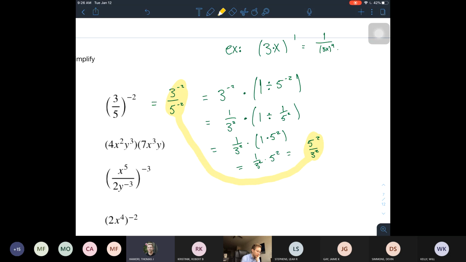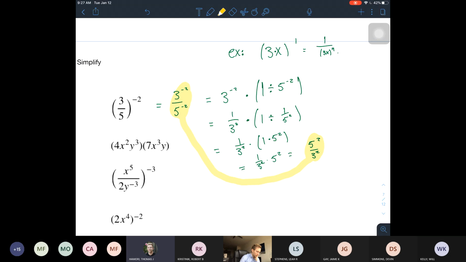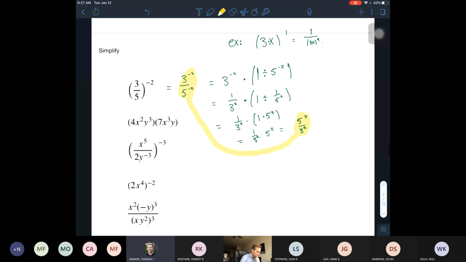They just know, okay, if we have a negative power, we just move it to the bottom and make the power positive. Likewise, if we have a negative power in the denominator, we move it to the top and make the power positive. But here's a description of why that's happening. Okay, great. So that's one.